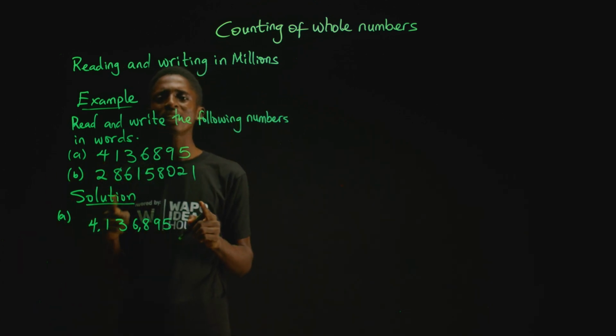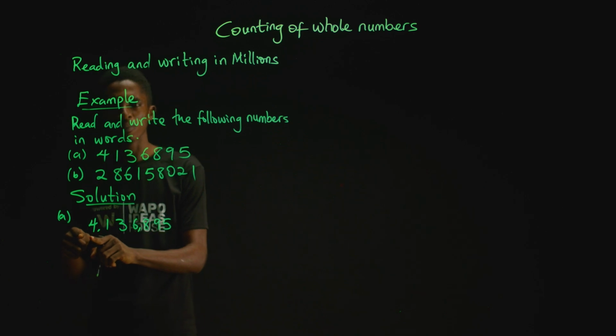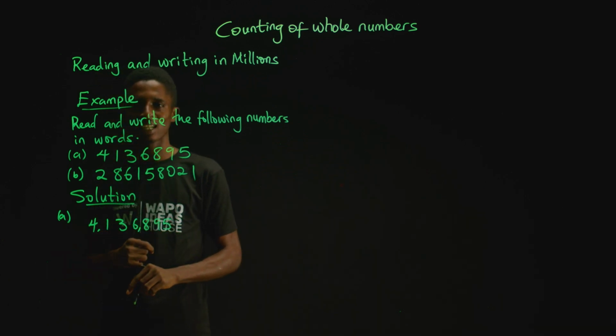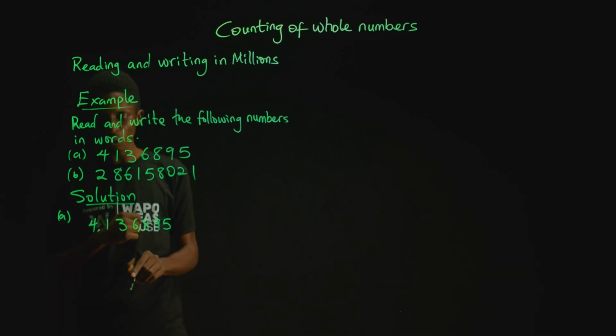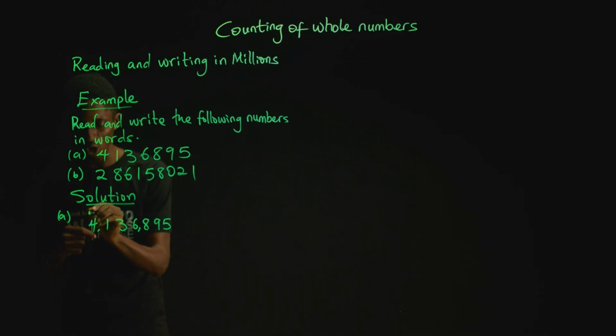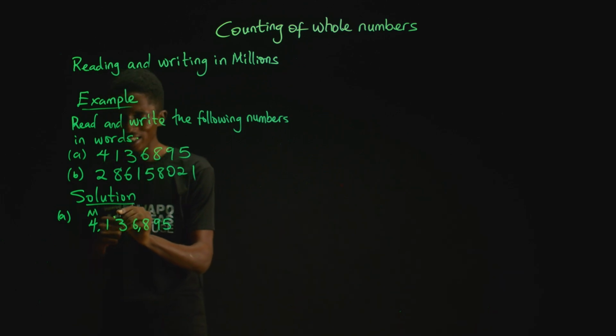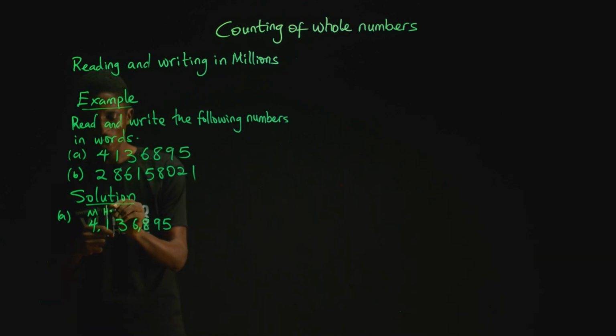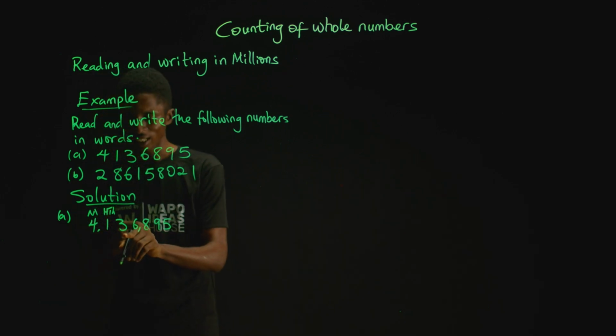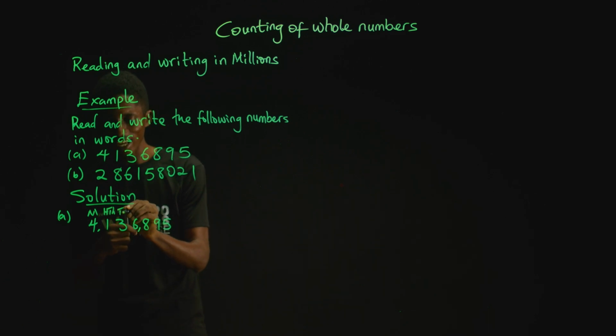So if you are to read this right, you start from the very first one from the left this time around. This first one takes the place value of million. This takes the hundreds of thousand. This takes tens of thousands.